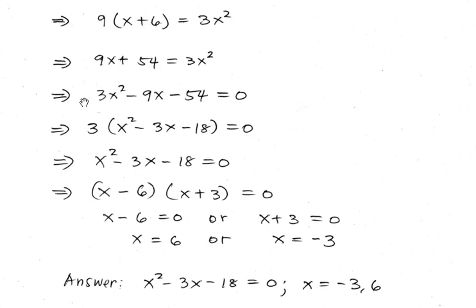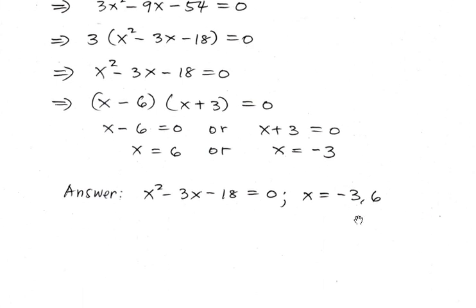These three terms have multiples of 3. So factoring out 3 gives us 3 times quantity x squared minus 3x minus 18 equals 0. Then divide both sides by 3. It gives us x squared minus 3x minus 18 equals 0. Factoring it, the factors are x minus 6 and x plus 3, equated to 0.